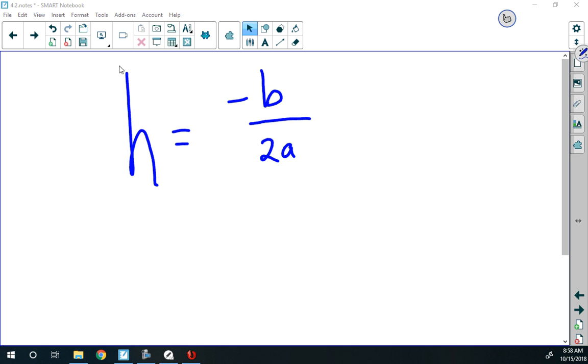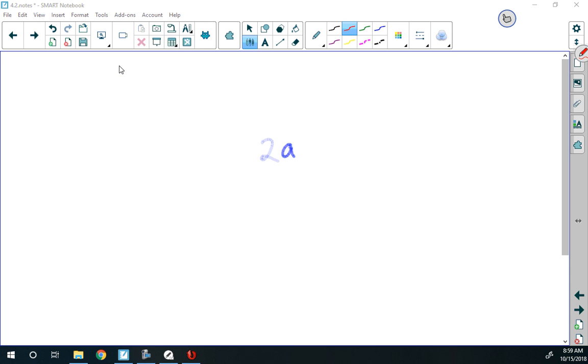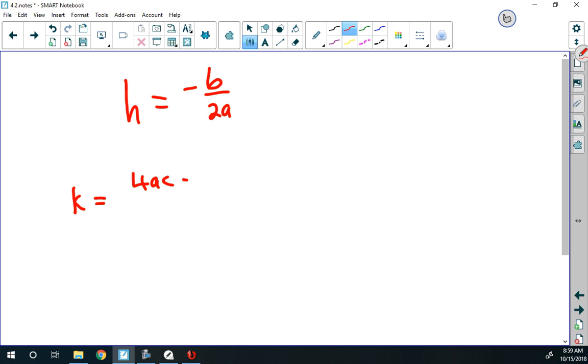If you didn't write that in your notebook on Thursday, you'll probably want to put it in there. If you did, maybe highlight it. H is negative B over 2A. K is 4AC minus B squared all over 4A.